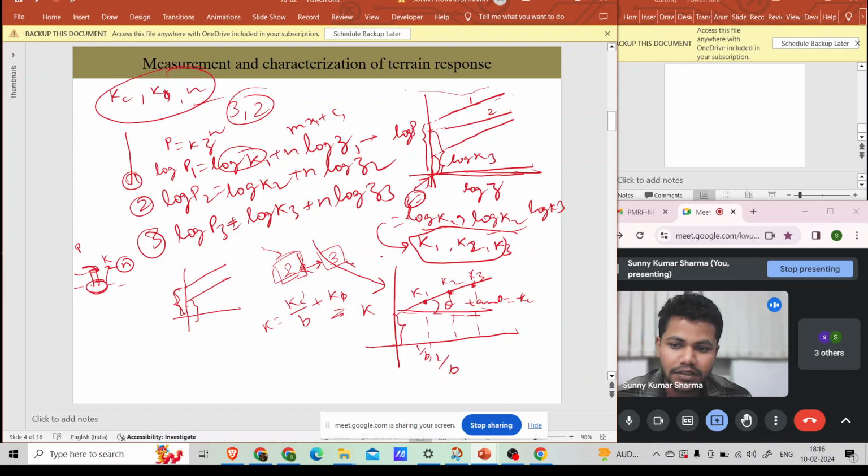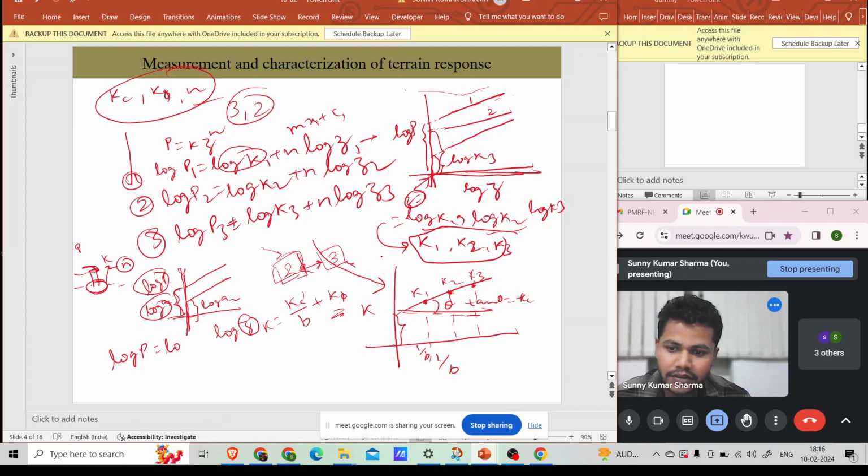Suppose this is log t and this is log z. Then sir has taken this at some value. Suppose you take the intercept as log a1 and this intercept as log a2, then for this line where log z is 0, that is z equal to 1, our log t is nothing but log A1.